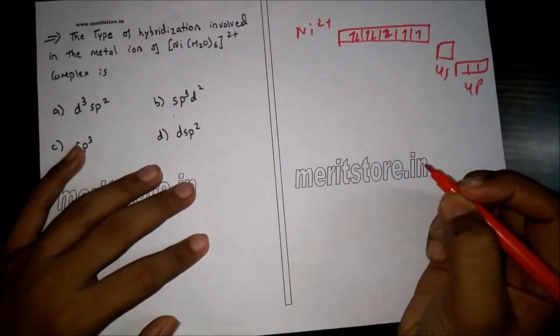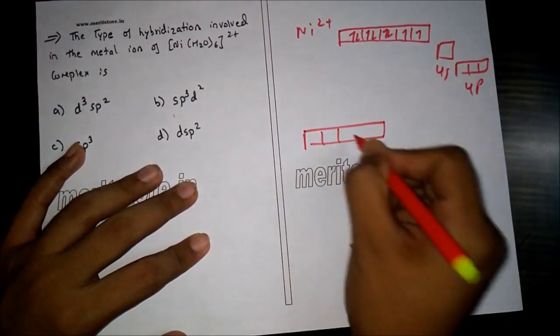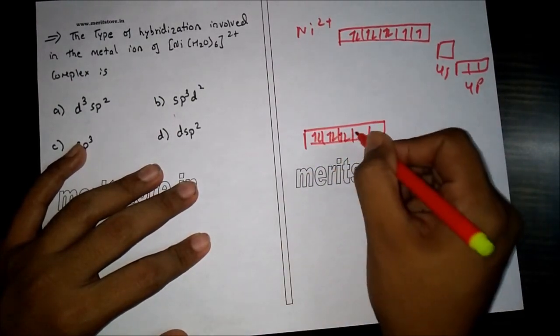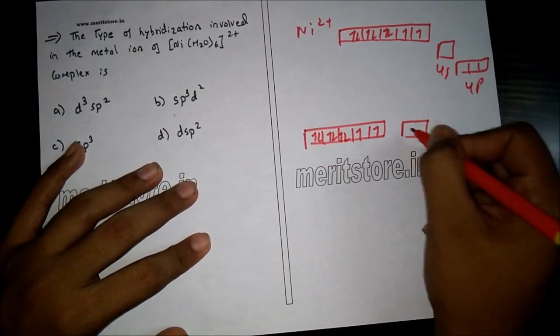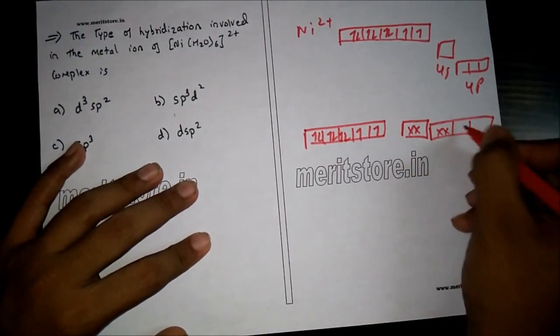Now, in the presence of H2O, the hybridization changes. The d orbitals remain the same with 2 unpaired electrons, whereas the s has no electrons and the p also has no electrons.